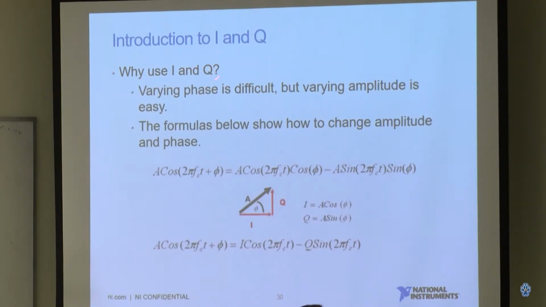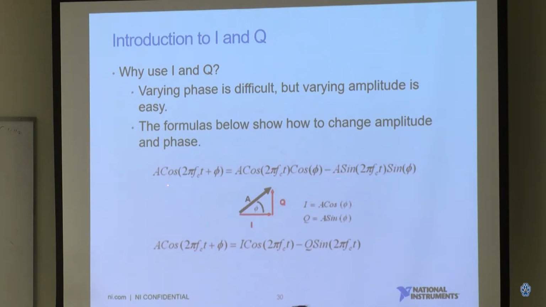So let's talk about I and Q. Remember, most analog signals we digitize, do modulation and demodulation, and then do up conversion and down conversion. In the middle of all the signal transfer, we have the concept of I and Q. Assuming you have a signal, you separate it into an I element and a Q element.